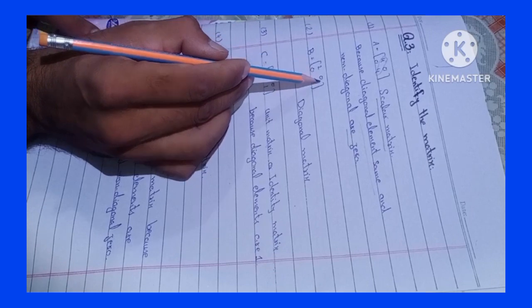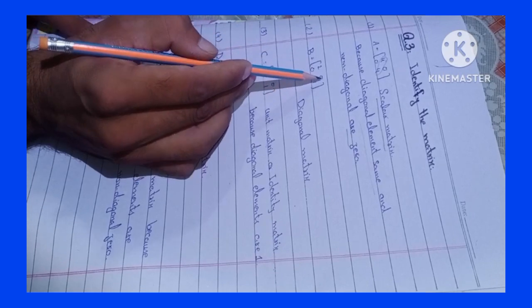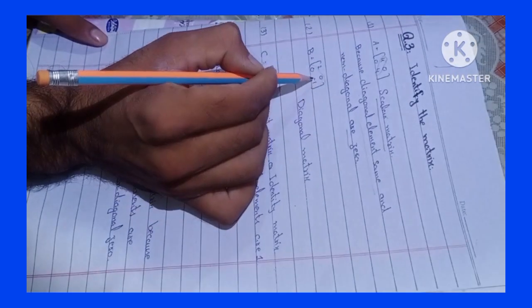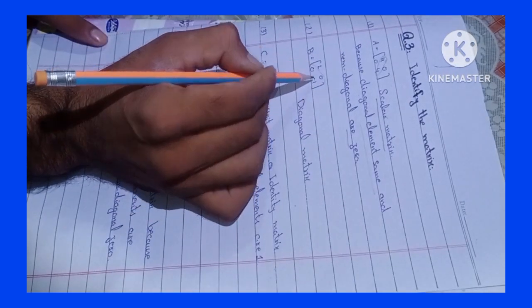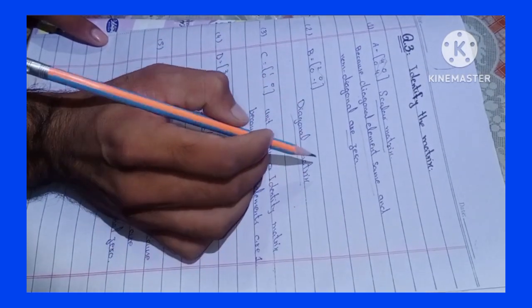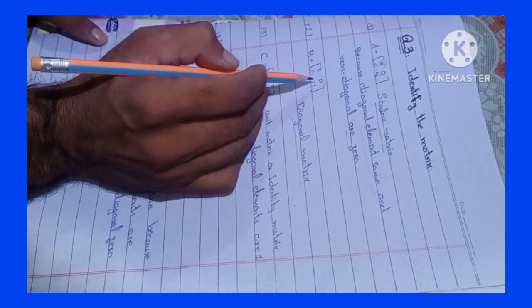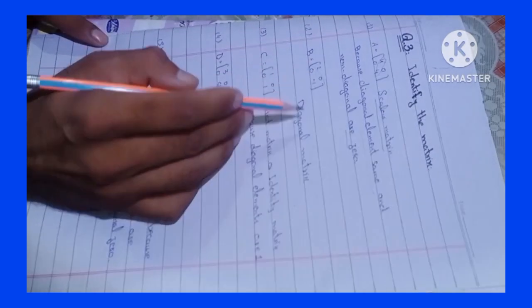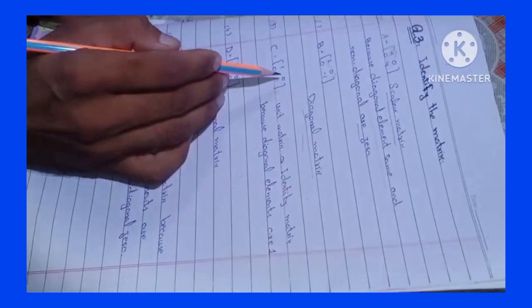Matrix B is 2, 0, 0, -1. Its non-diagonal elements are 0 and diagonal is 2, -1. These are called diagonal matrices because non-diagonal elements are 0 and diagonal elements are non-zero.